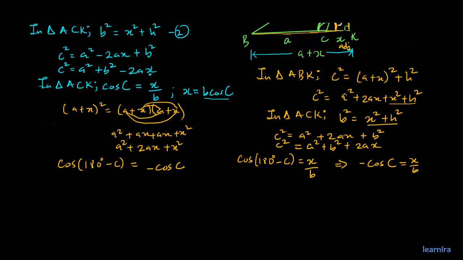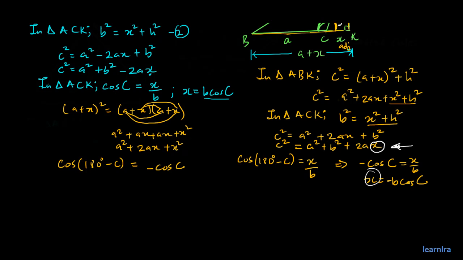And by the time we cross multiply here, we'll have x is equal to minus b cos C. Now you notice we have x here. It's because of this x that we've actually been doing all these things. So let's replace x with minus b cos C in this equation.